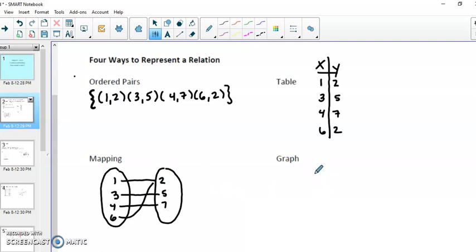It's been a long time since you've seen a graph, but I think you remember what to do. Do your best to make an XY axis.